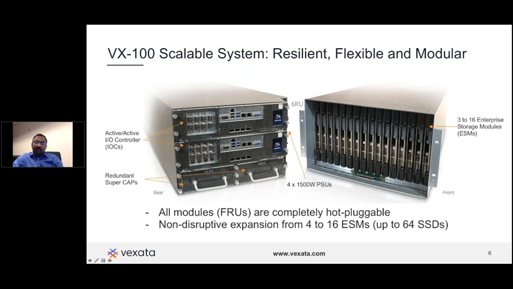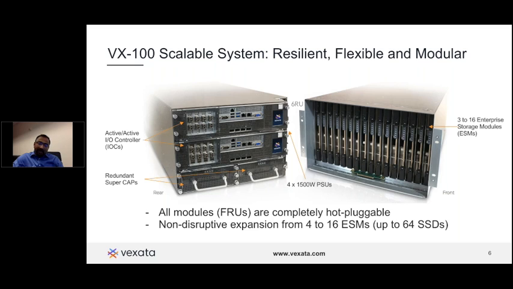Yeah, so this is the array that we have. It's a 6U box with active controllers, and there are no single points of failure anywhere within the array. The way storage is consumed by our customers is through what we call enterprise storage modules, or ESMs. Each ESM holds 4 PCIe NVMe SSDs, and our customers can start small with, let's say, 4 ESMs in their array.